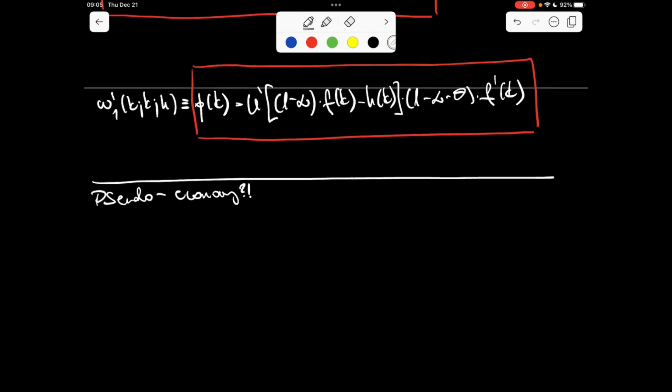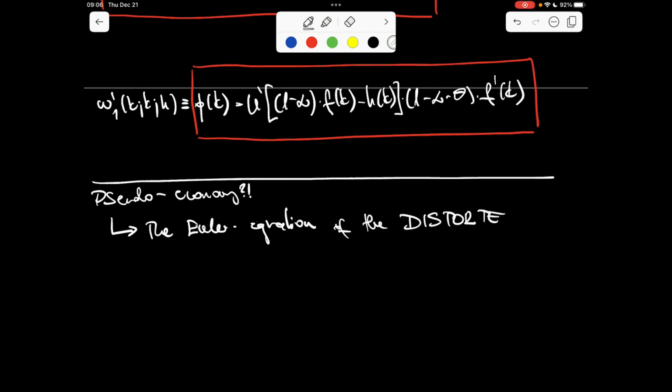Before forming any ideas of this pseudo economy, let's have a look at the Euler equation of the distorted economy. It's a bit long, but trust me, it's going to help.